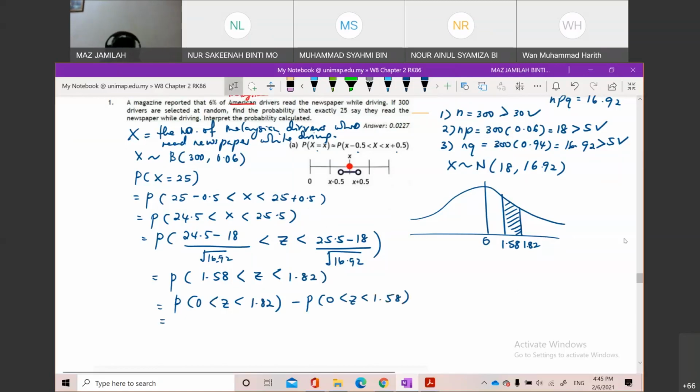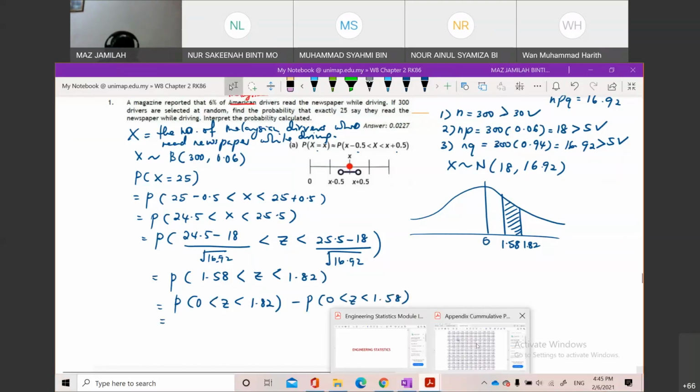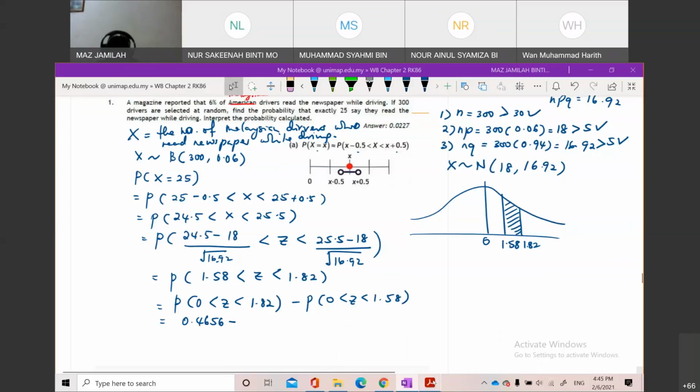For 1.82 it is 0.4656, minus for 1.58, which is 0.4429.